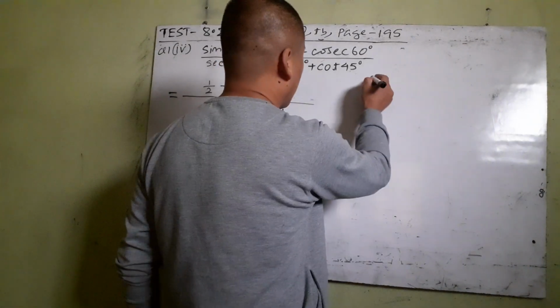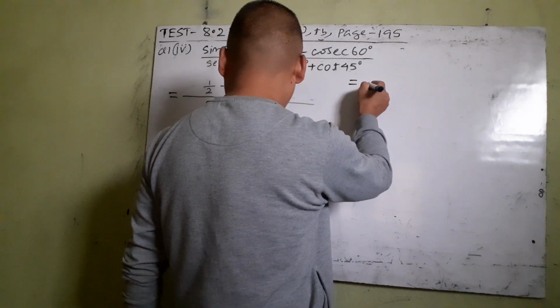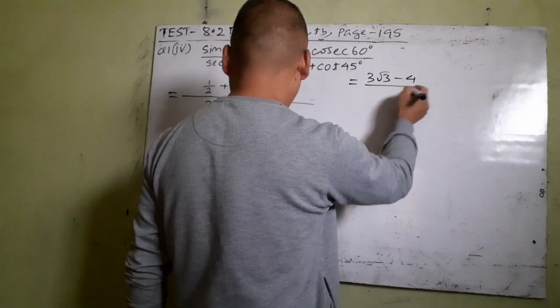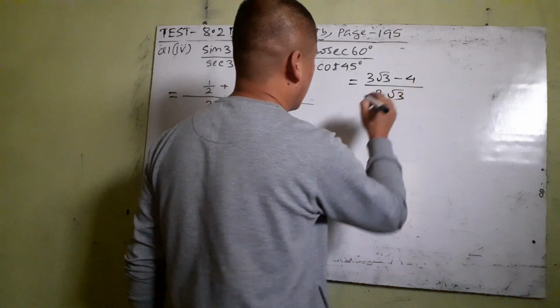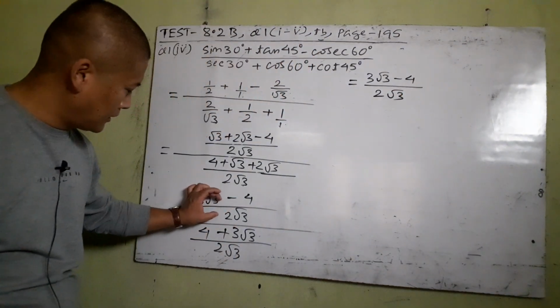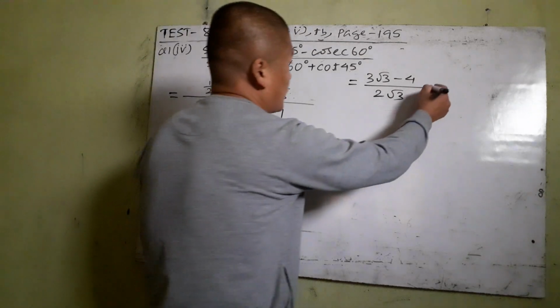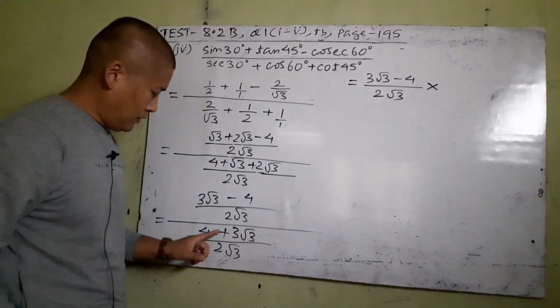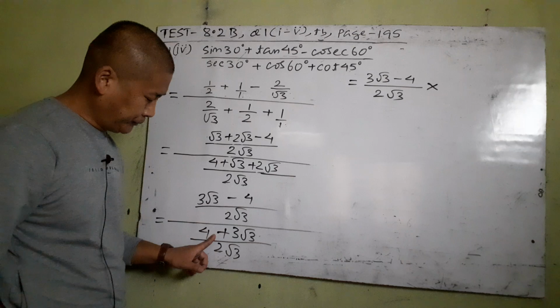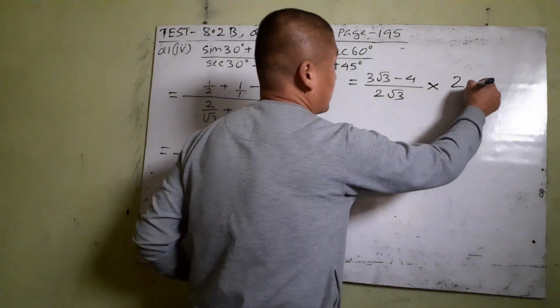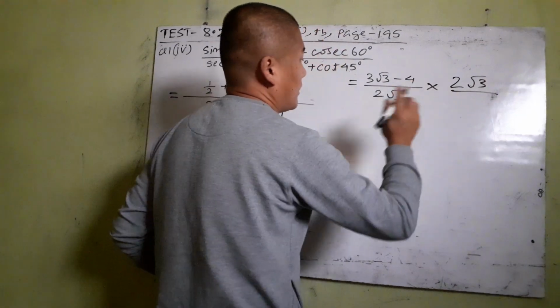Next step, that will be equal to 3 root 3 minus 4 divided by 2 root 3. I mean to say, we're writing this one as it is above the long line. Below the long line, this long line changed to multiplication sign. The numerator is 4 plus 3 root 3. Denominator down is 2 root 3, will go up therefore, because you have changed the division sign to multiplication sign.